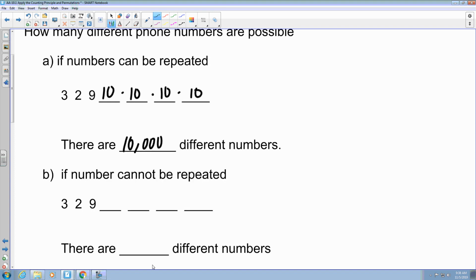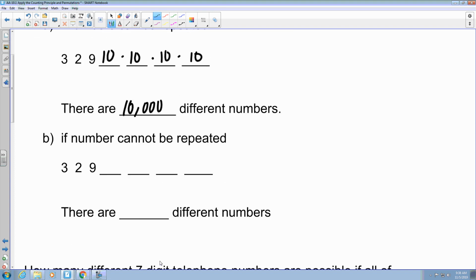Now the second option here says if numbers cannot repeat, so you can't have 2 9s or 2 7s or 3 6s or whatever. Basically what they're saying is you have 10 choices for the first one, and whatever choice you picked, that one gets eliminated.